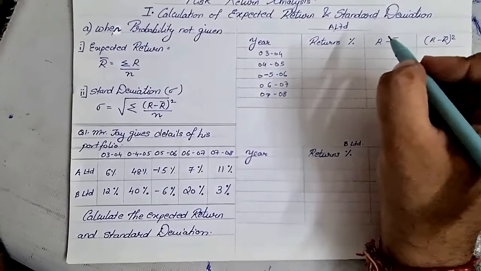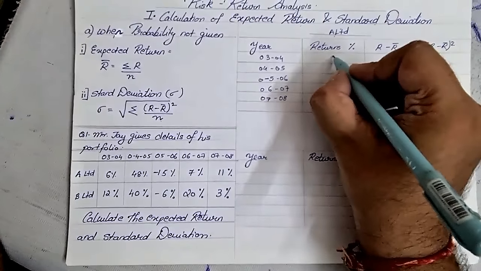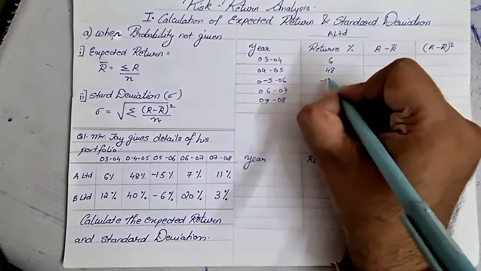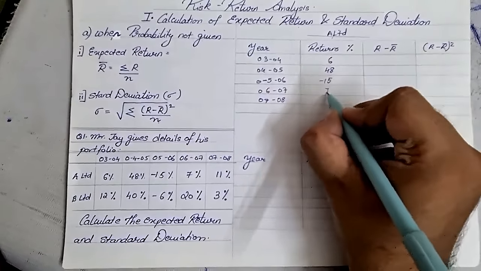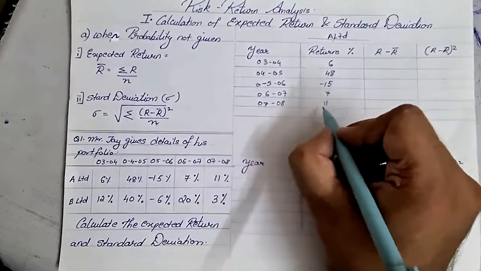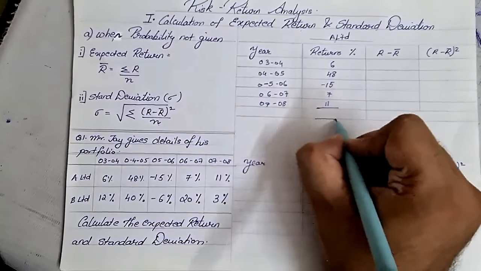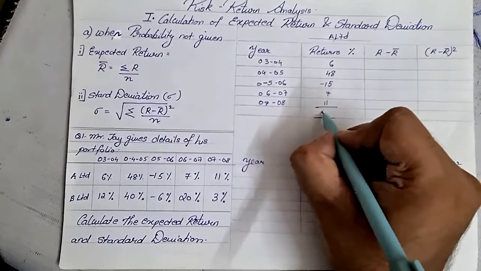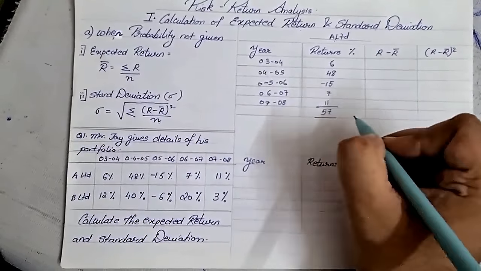Now under returns, let us just note down whatever returns have been given to us. So it's 6%, 48%, negative 15%, 7% and 11%. The total of that will be required. So when you add up and subtract the negative 15, you get the total as 57.